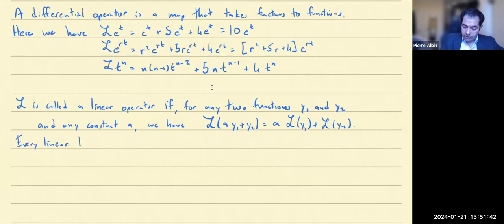Every linear homogeneous ordinary differential equation can be written as L of y equal to 0 for some linear differential operator.